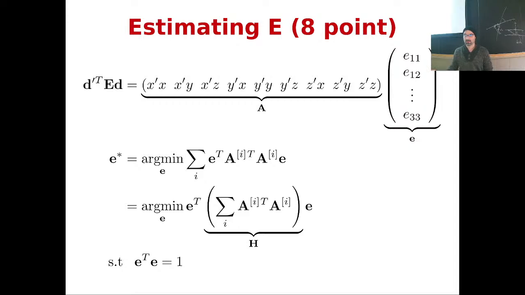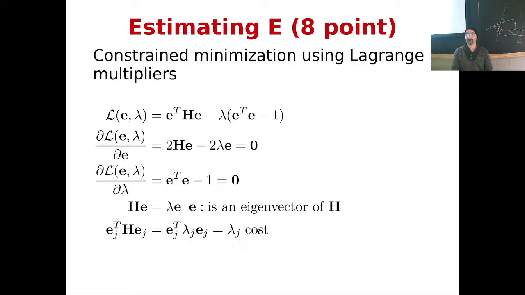Clear? The sum, actually, of many of those. Now, I'm interested in minimizing this expression over here, subject to the constraint that E transpose E is equal to 1.